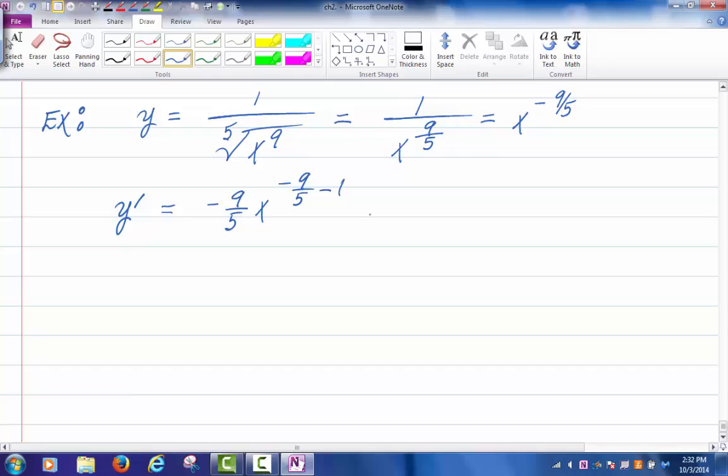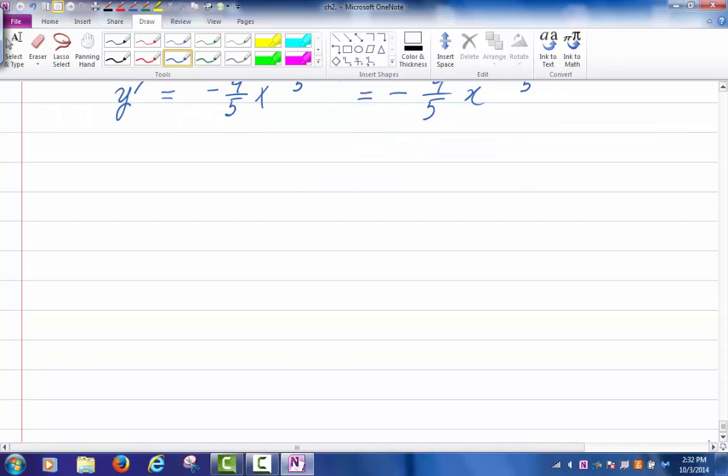You subtract 1. So that is negative 9 fifths x to the negative 14 fifths. Okay, so that's the derivative. Is everybody okay with that example?